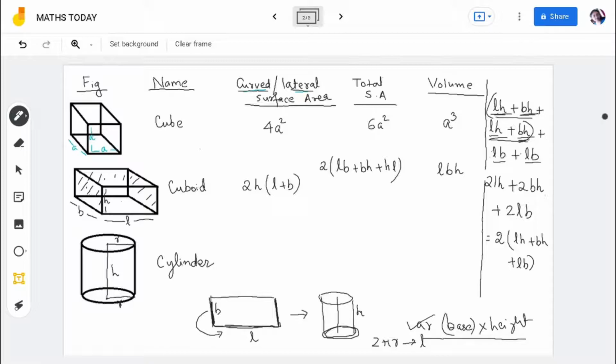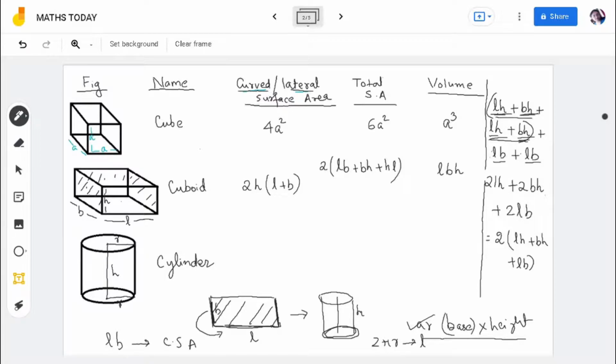For finding the curved surface area, you can see here, when we open the page, it is rectangular in shape, and when we turn it into the cylinder, this area becomes the curved surface area of the cylinder. That means LB is the curved surface area of the cylinder.